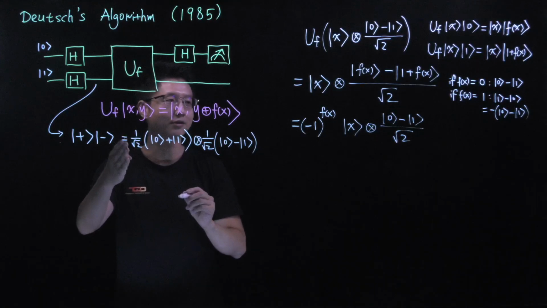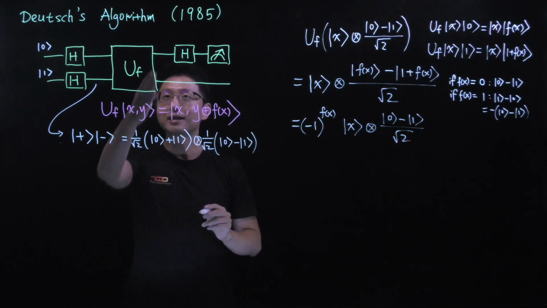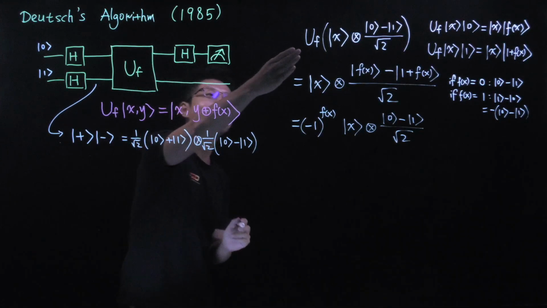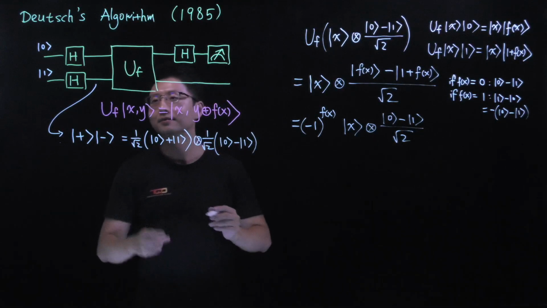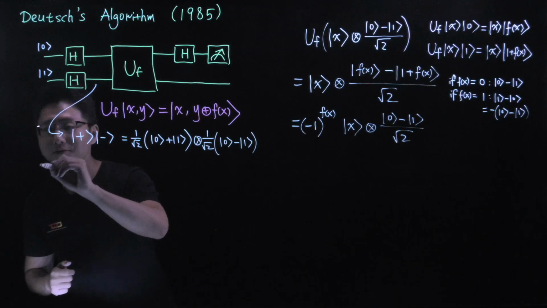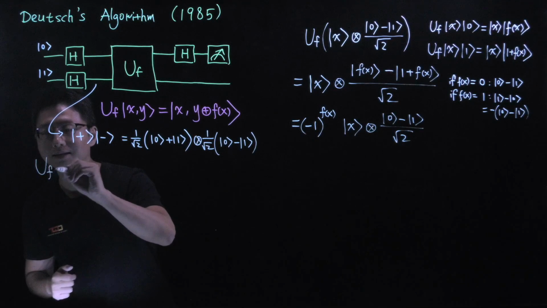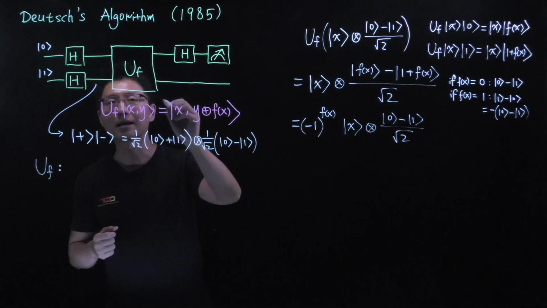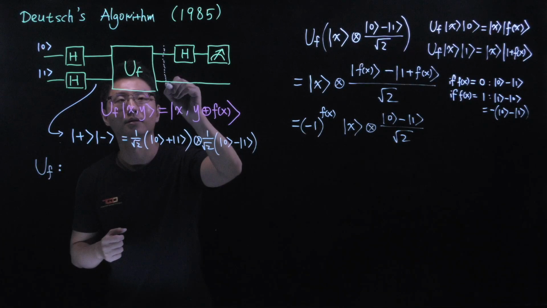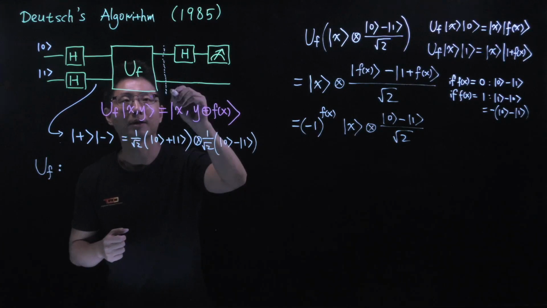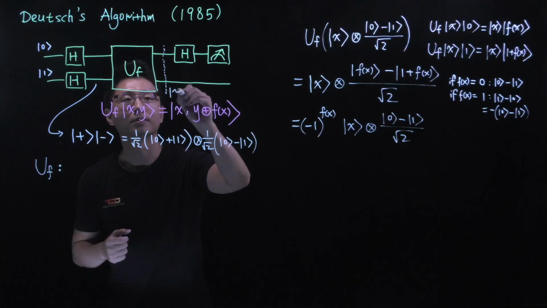So let us continue. Now I'm going to write down the state after this black box because I've already evaluated the action of the UF on this state. So after the UF is applied, let me give it a name. At this stage, let me call this state just psi.